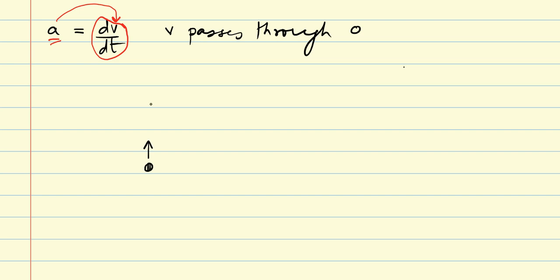Now we know that it travels up and then down, so this is an example of linear motion. So let us assume that it travels along the y-axis, which is, say, positive upwards.